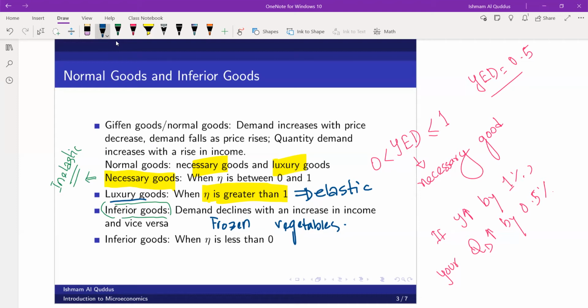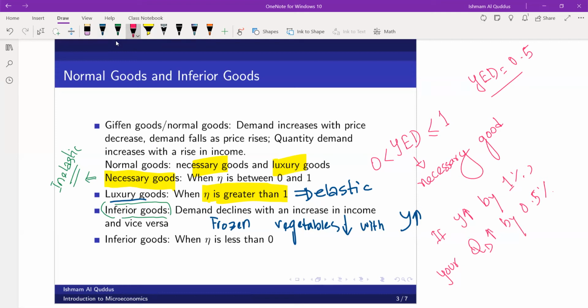Now you can afford to buy fresh vegetables. So quantity demand for frozen vegetables will actually fall if your income increases. So frozen vegetables can be regarded as inferior goods.